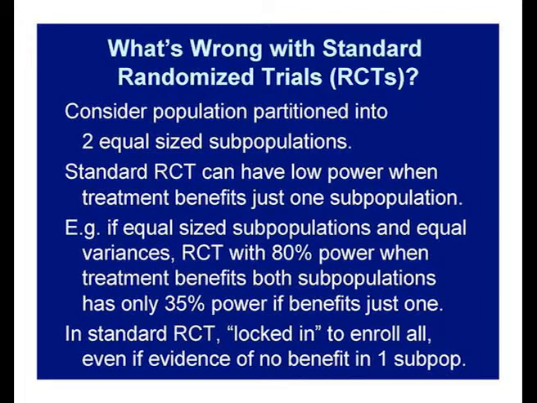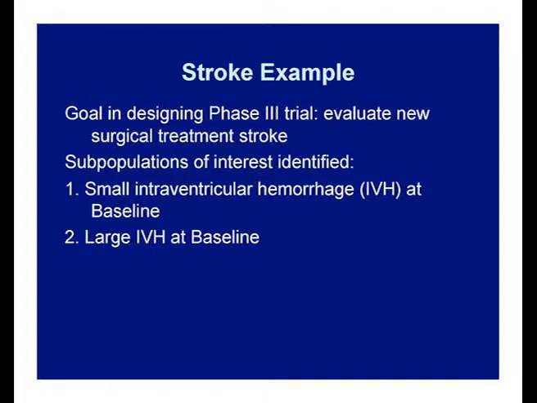And a particular example that I worked on, and this is a collaboration with Dan Hanley, is in the context of a stroke trial, and this is actually a trial that's about to start. Not what I'm going to explain, this adaptive component, but this is what we looked at.